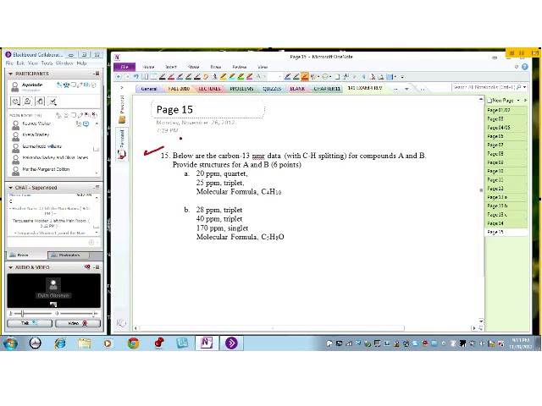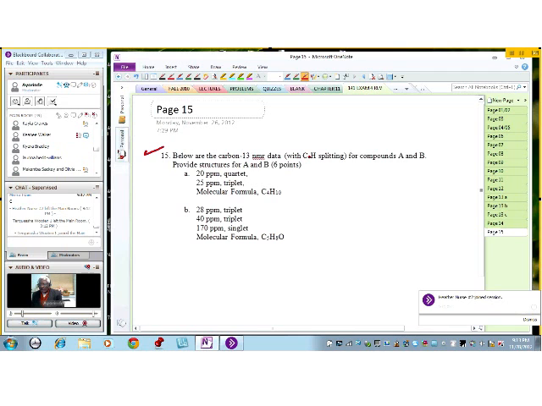NMR data with pH splitting for compounds A and B. Provide structure for A and B. Okay, thank you. Very good. So what they are asking us to do here, below are the carbon-13 NMR data with carbon-hydrogen splitting for compounds A and B. And they say provide structures for A and B.